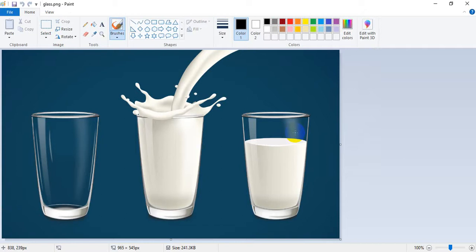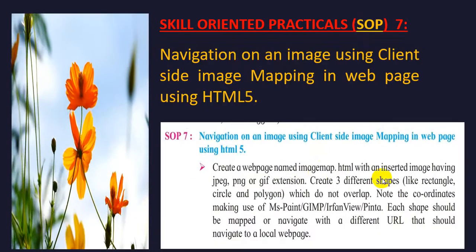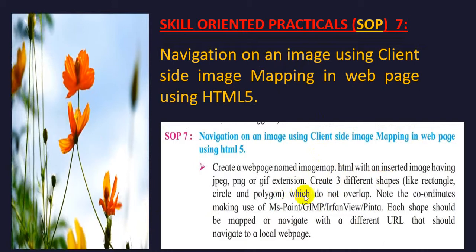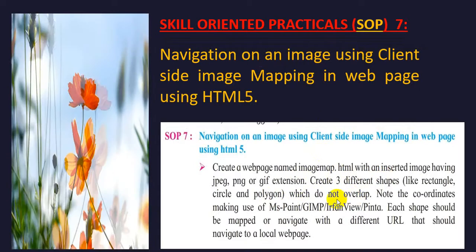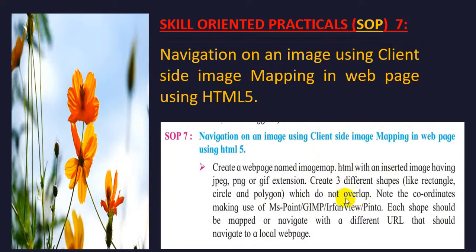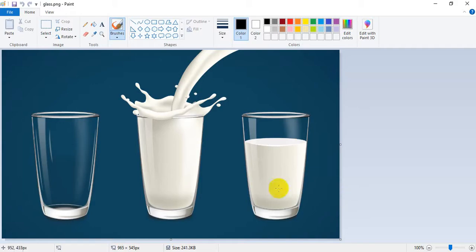Now you have opened your file in an application whose name is MS Paint. Now you have to draw three shapes. For example, we have three different glasses. As mentioned in our question, you have to create three shapes, but the shapes will not overlap, meaning the shapes will not touch each other. So we have to create different shapes in different places.